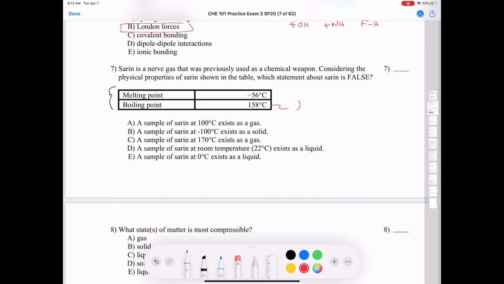Boiling point is where we go from a liquid to a gas. That means that it doesn't become a gas until it reaches 158 degrees Celsius. 100 degrees Celsius is less than 158 degrees Celsius, so a sample of sarin at 100 degrees Celsius is going to be a liquid. So this one is false.